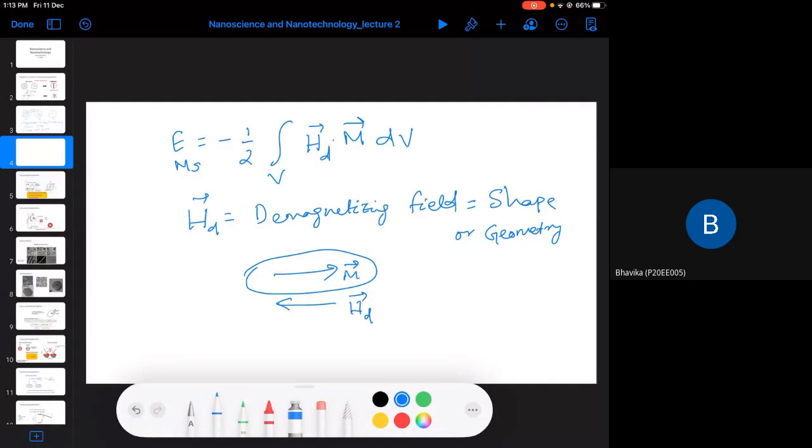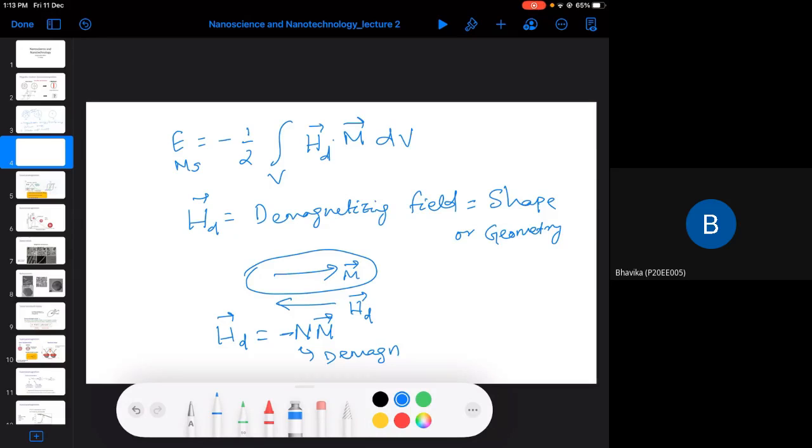Okay, so typically you write H_D = -N M. So it is proportional to M, and this N is the demagnetizing constant, or demagnetization factor.